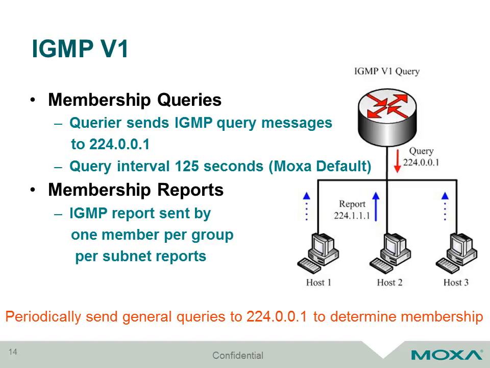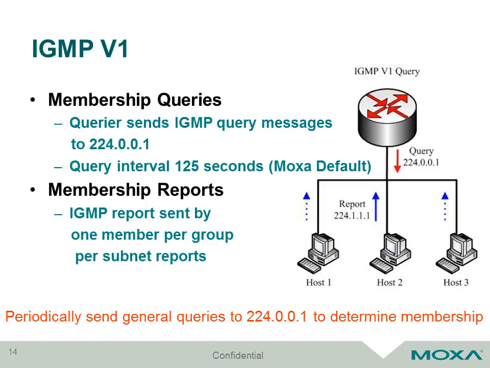Here are two features of IGMP V1. One is membership queries, and another one is membership reports. Membership queries means the querier sends an IGMP query message to 224.0.0.1. 224.0.0.1 means the multicast address for all hosts on the subnet.